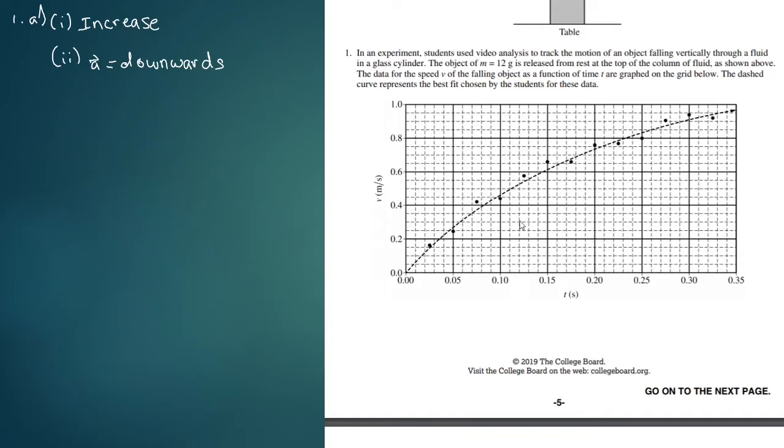Or you can interpret it in terms of the actual change in velocity, and you can see that the velocity is rapidly growing at the start, and then starting to follow more of a linear pattern, so a slower growth, and based on this fit, it will level off eventually. And so we can use that information to say that the magnitude of acceleration is decreasing.